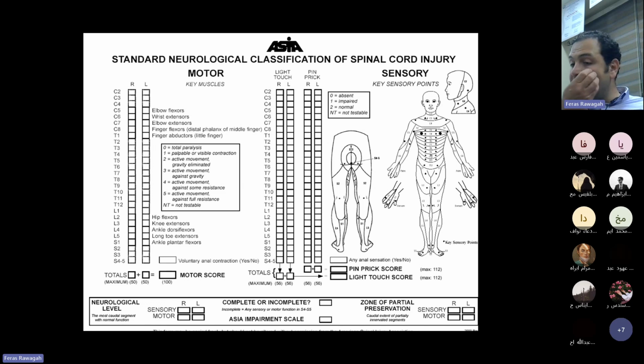The patient should have this chart at admission, preoperatively, postoperatively, etc., and at each stage in order to monitor the patient's condition. Now, remember that the level of spinal cord injury is different from the level of the vertebral body injury. They are not equal. Remember this.